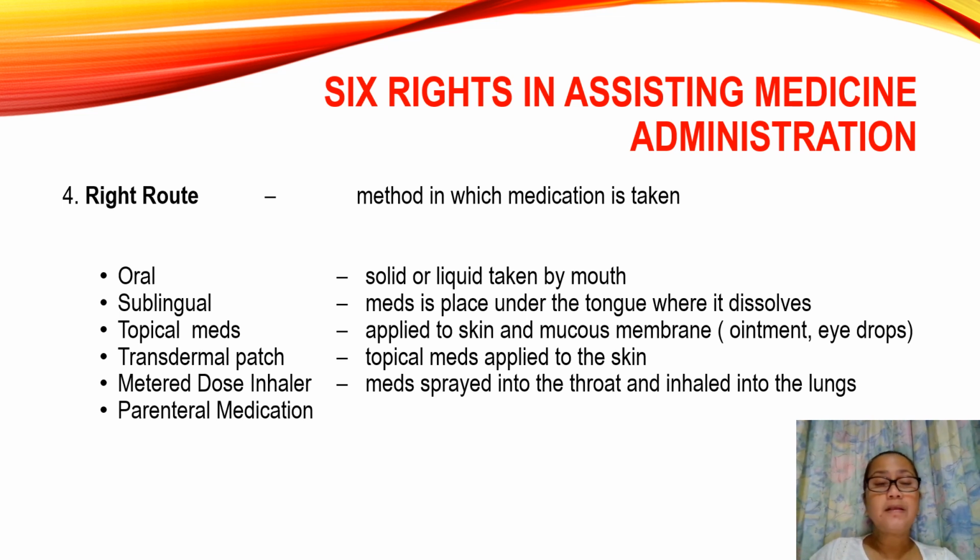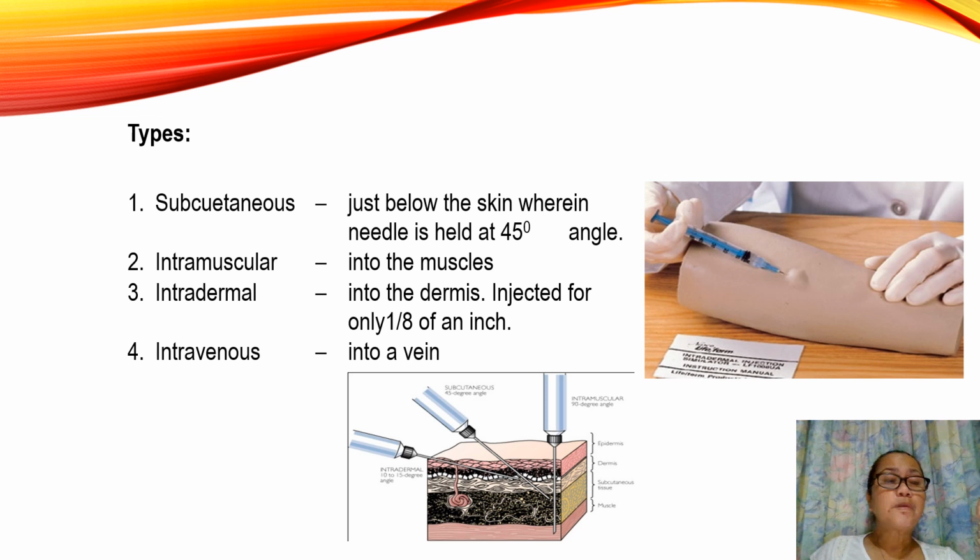We have also the parenteral medication. So we have here your types. You have subcutaneous medication that is just below the skin wherein the needle is at a 45 degree angle. While your intramuscular medication is into the muscle.